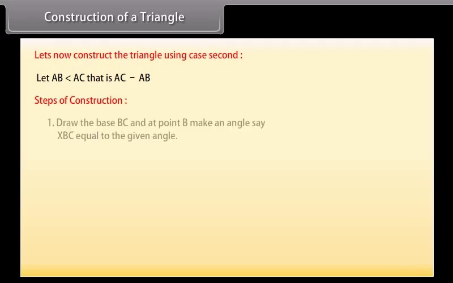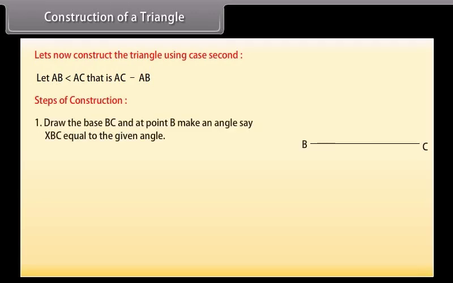Let's now construct the triangle using case second. Let AB is lesser than AC, that is AC minus AB is given. Steps of construction. First of all, draw the base BC and at point B make an angle, say XBC, equal to the given angle.